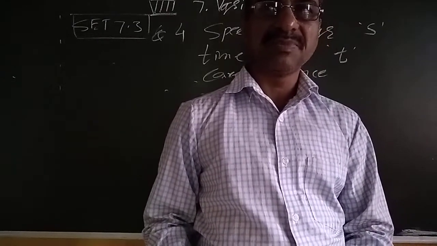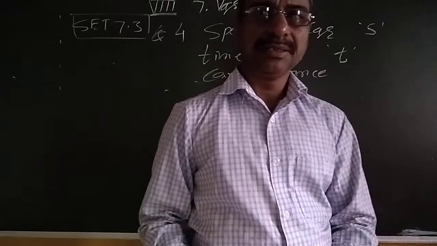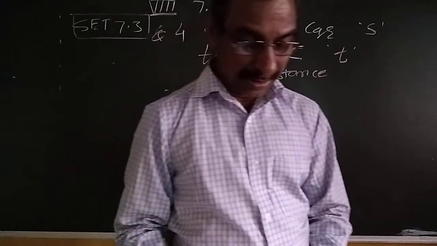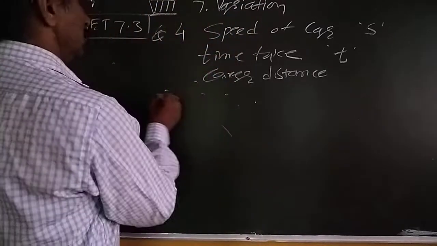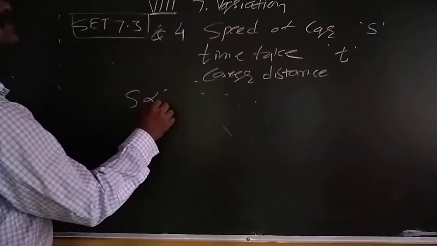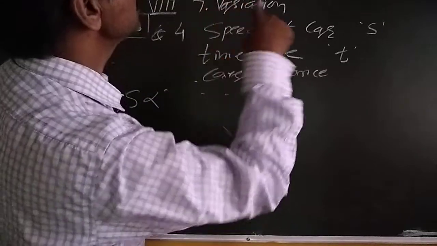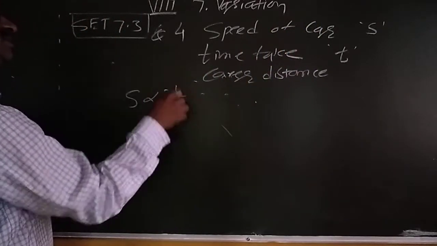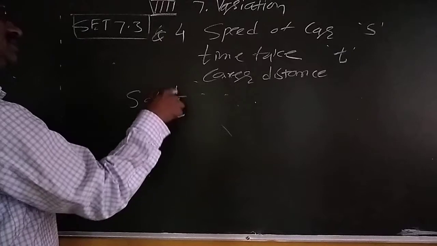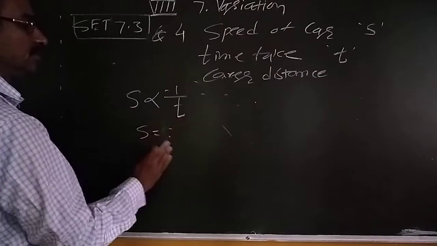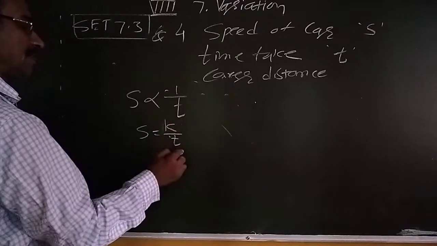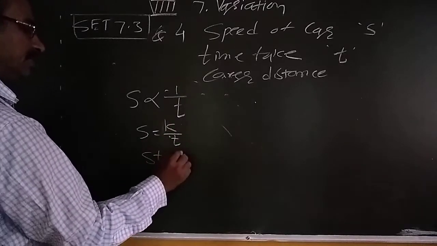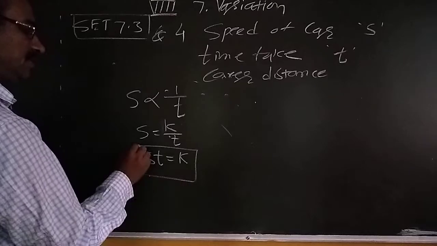If we increase the speed of our vehicle, then our time decreases. So it is an example of inverse variation. S is inversely proportional to T, that is, 1 upon T. It is also written as S is equal to K upon T. So by multiplying, we get ST is equal to K, the new equation.